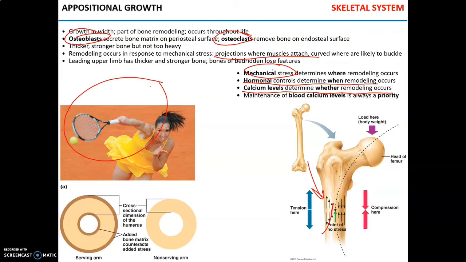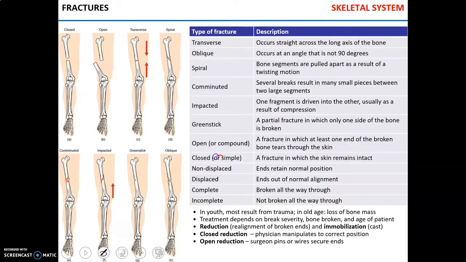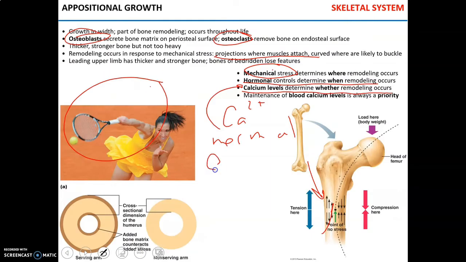Now, how do hormonal levels and calcium levels interplay in the maintenance of bone remodeling? When calcium levels are normal, bone remodeling can occur. But if calcium levels go down, that leads to the production of parathyroid hormone. Parathyroid hormone essentially controls the levels of calcium in the blood.